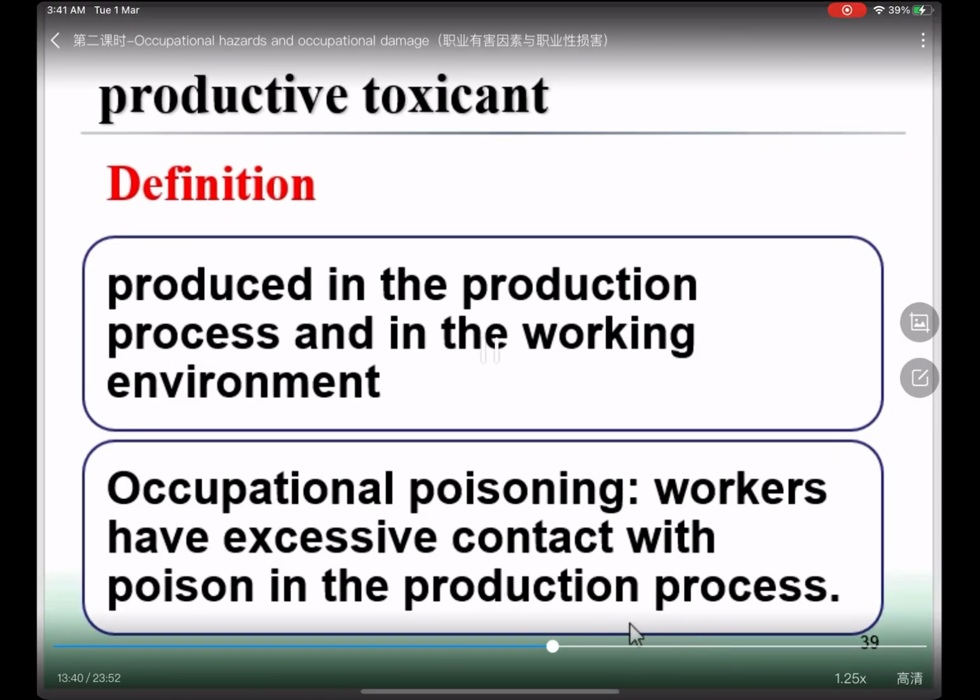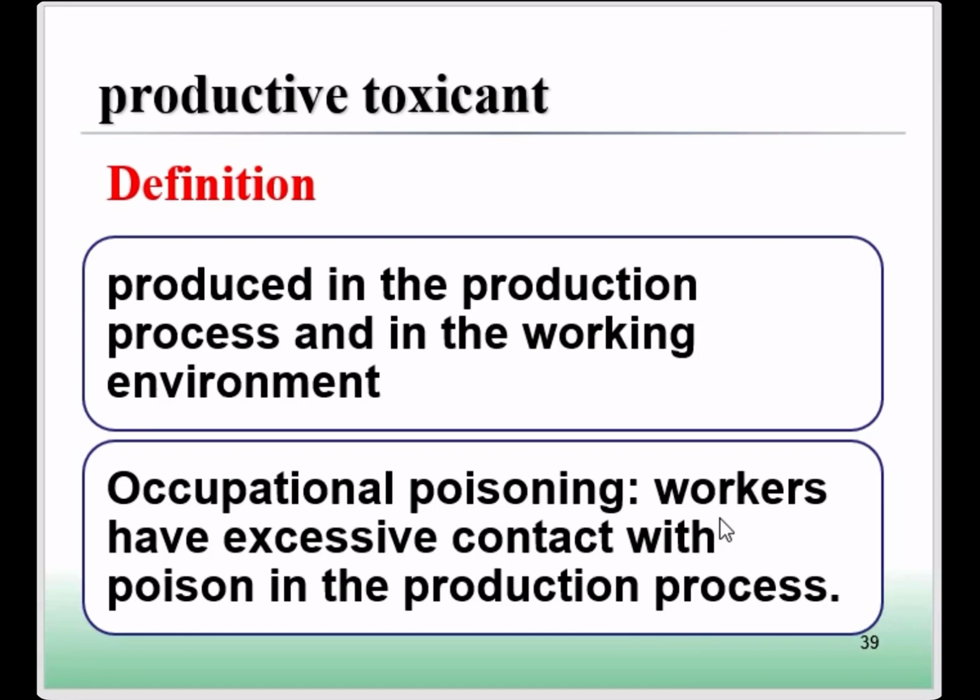That means the workers are exposed to productive hazards, and the concentration may be higher than the limit. After it goes into the worker's body, it can cause injury or illness. That's occupational poisoning. So you will find productive toxicant from the production process or from the working environment.